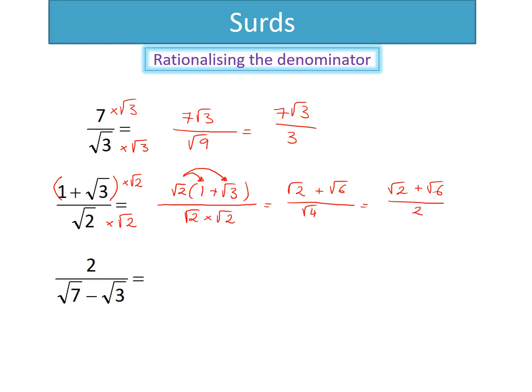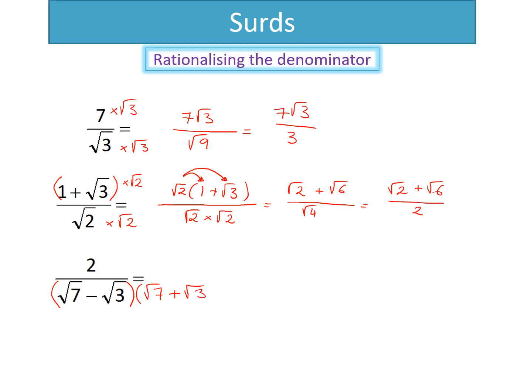And in my final example, which is more complicated, I have a slightly more complex denominator. To make sure that our surds cancel, or we get something that we can actually square root, what we need to do here is times by the same thing but with the opposite symbol.